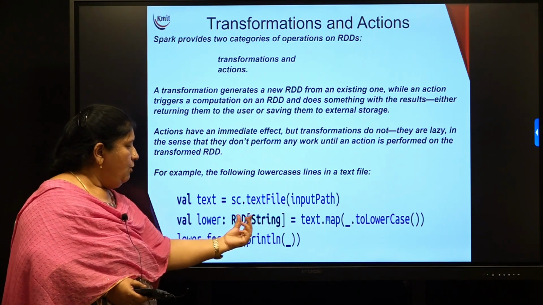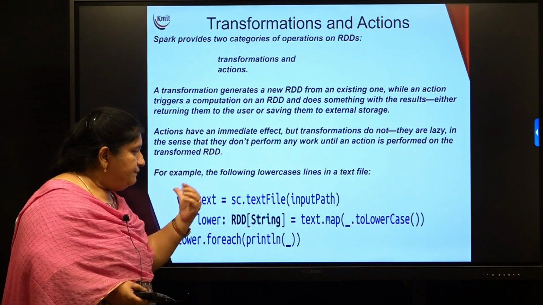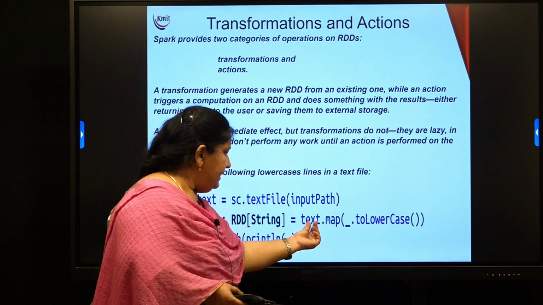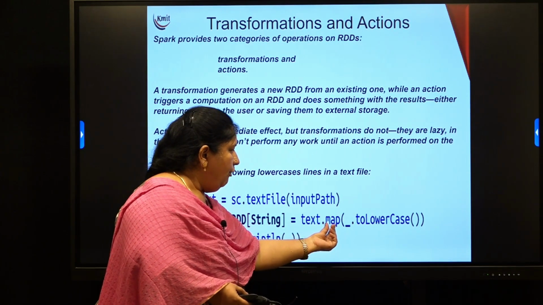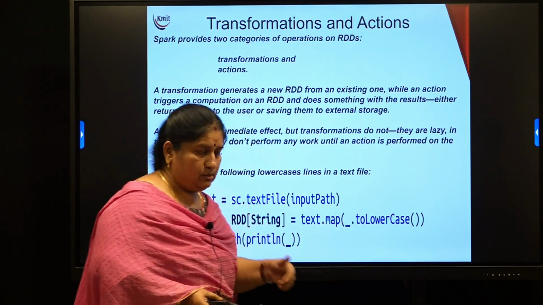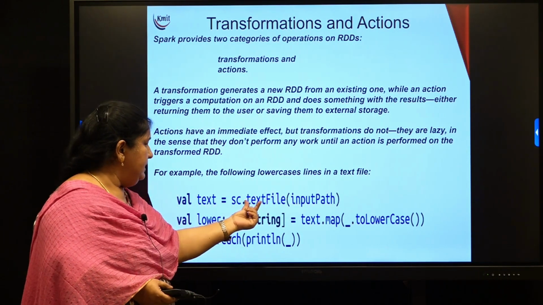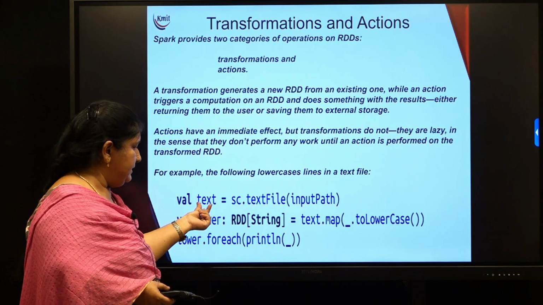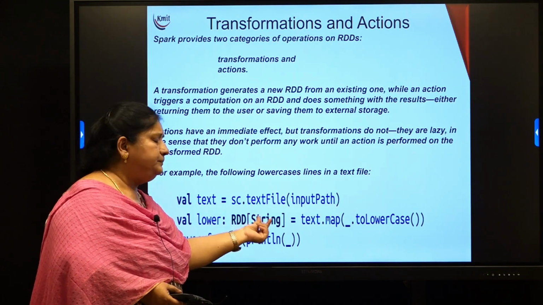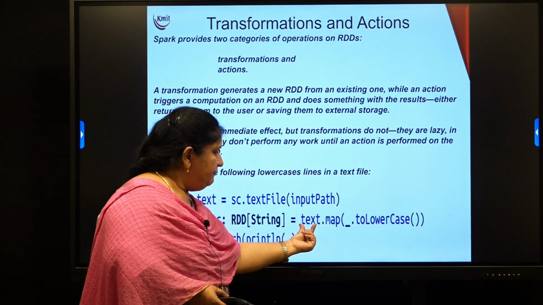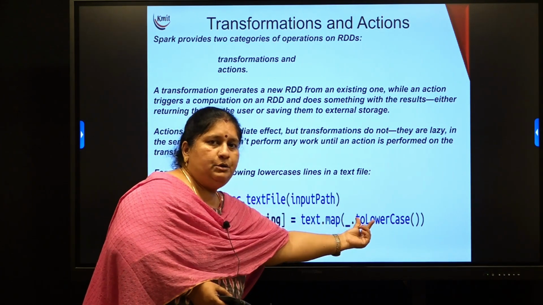An RDD of string type which contains the values for text.map of toLowerCase. What is the meaning of this? From the file we have read the content and kept it in the variable text. For this RDD, you are specifying that whatever content we have read from the file should be converted into lowercase.